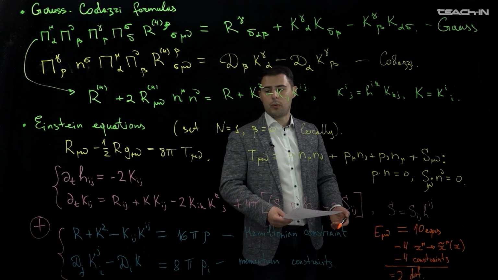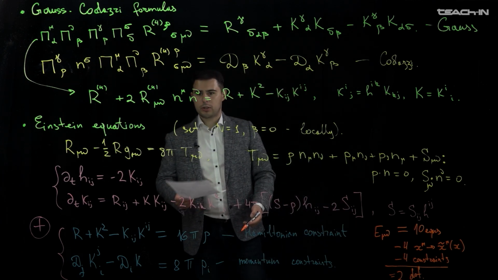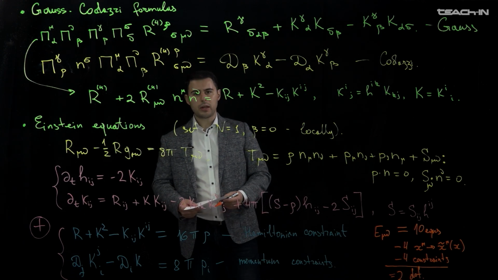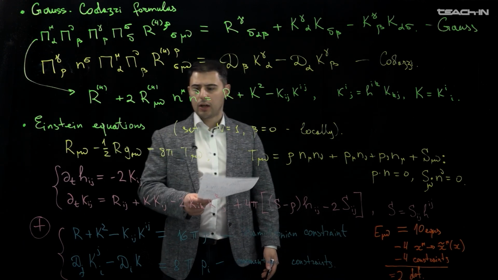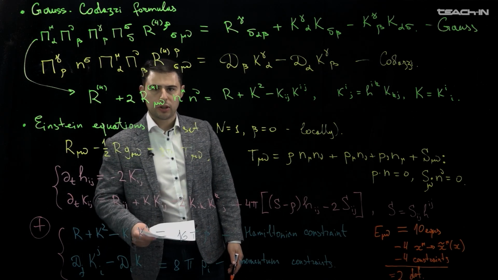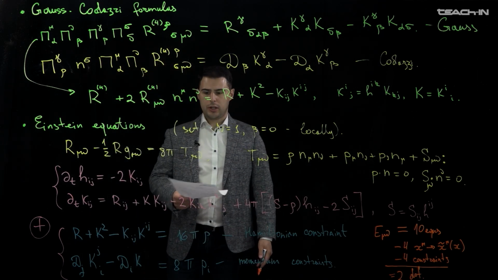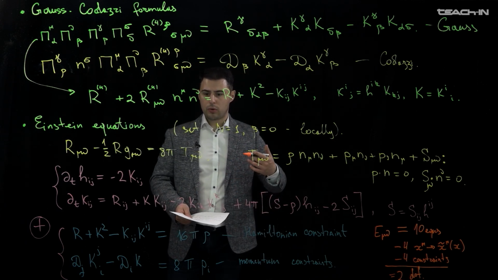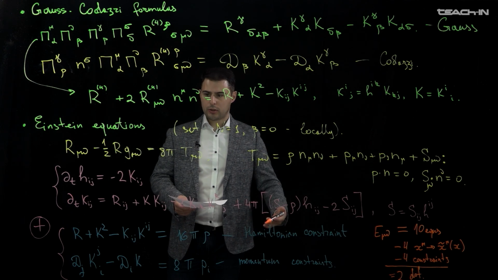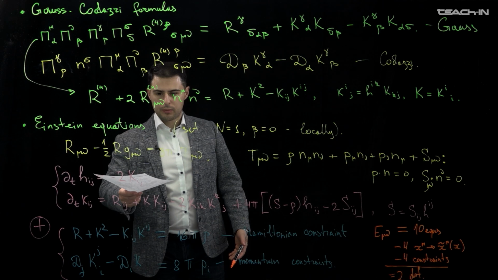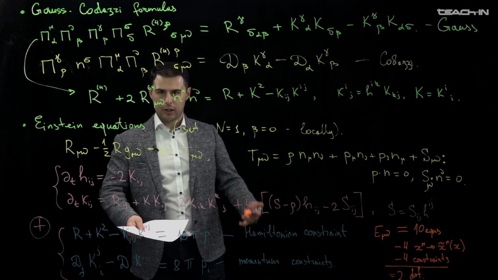Secondly, we can interpret this constraint in terms of the initial value problem. Given that the evolution equation is given by the first system, the second system actually constrains the initial data. We cannot supply the first system with arbitrary data.